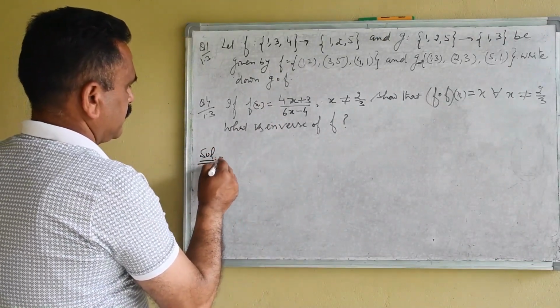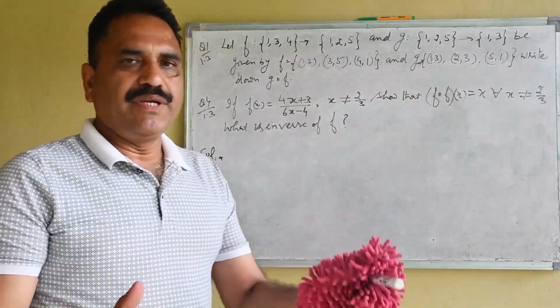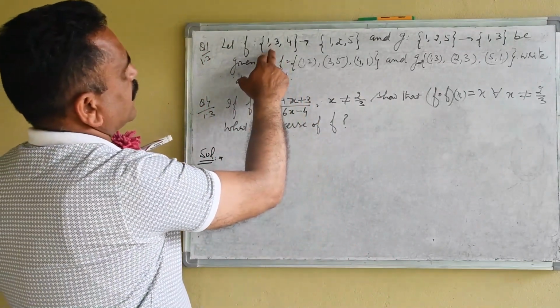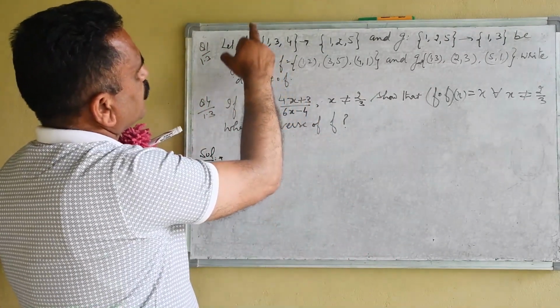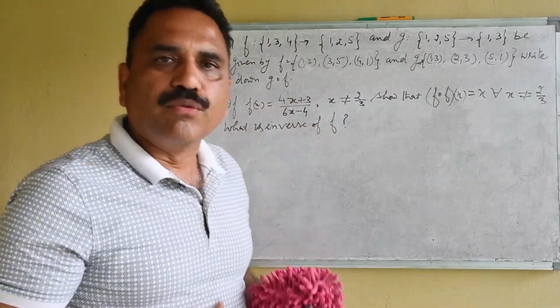So, we have seen this is the composition of two functions. When we do the composition of two functions, then the resultant function will have the domain as the domain of the first function and codomain as the codomain of the second function.